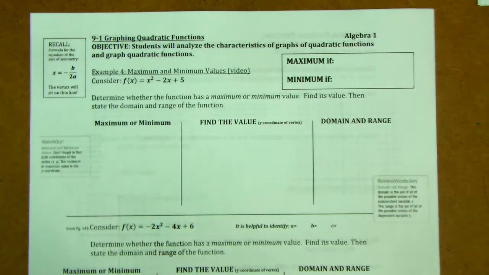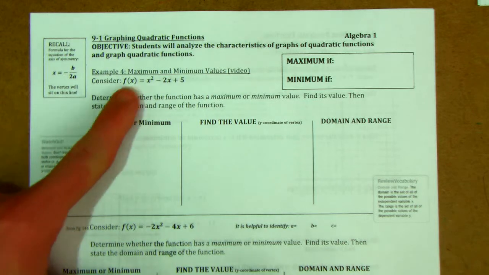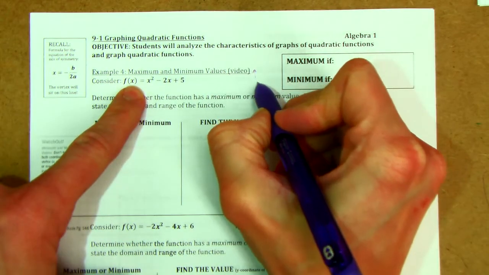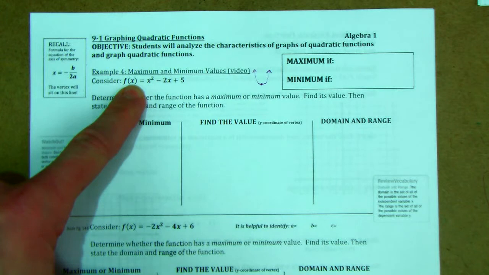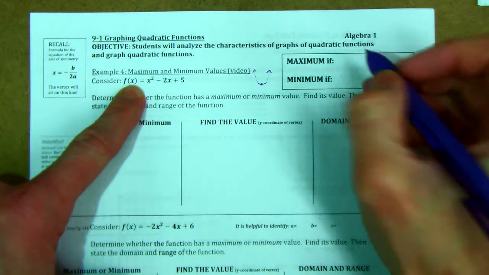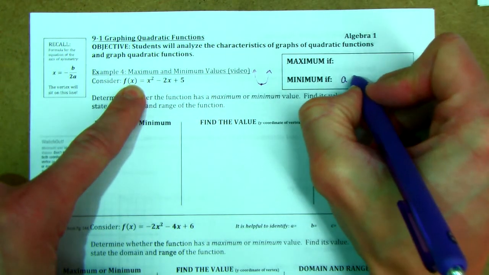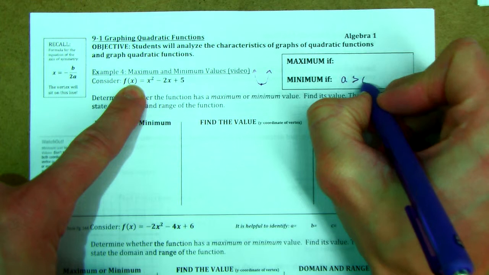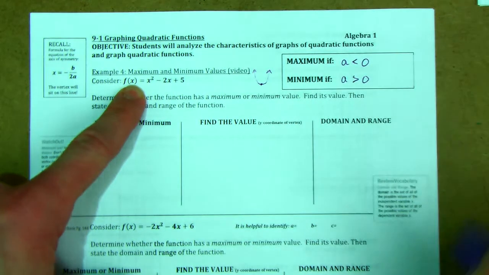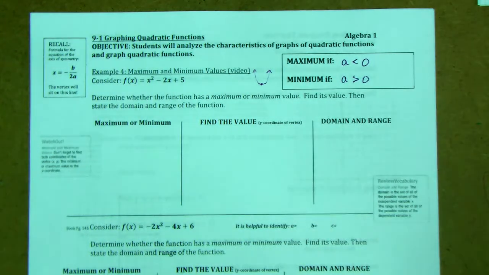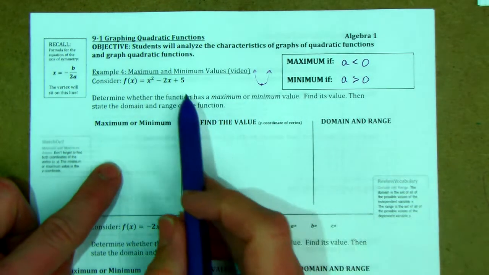Well, I know that a is positive, so it's going to go like this, meaning my point will have to be a minimum, because it's a minimum if a is greater than 0, and it's a maximum if a is less than 0. So since this is a positive a, it's going to open upward, which means it is a minimum value.